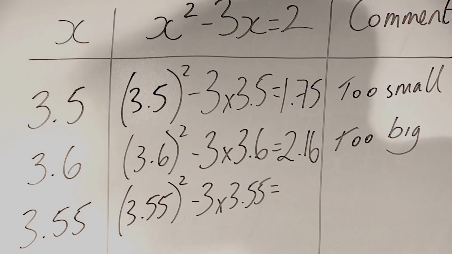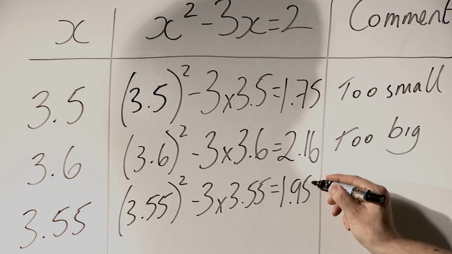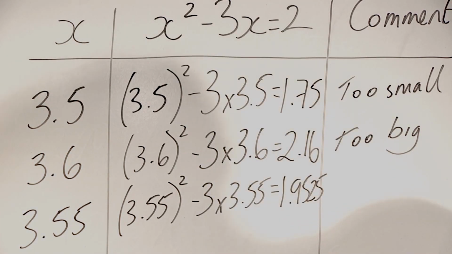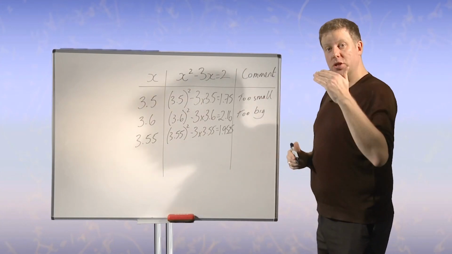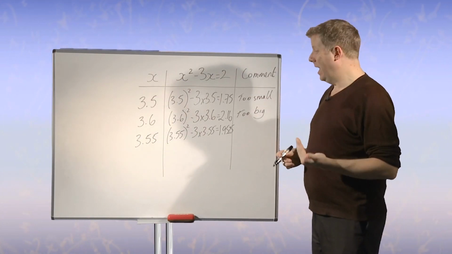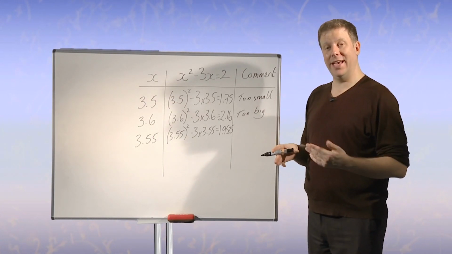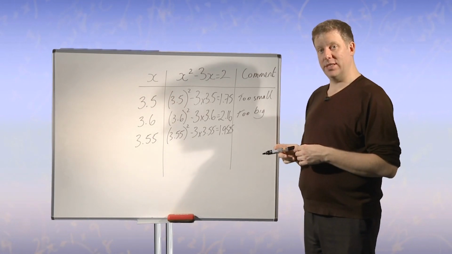When you do that on your calculator, you should see it gives you an answer of 1.9525. Now that is still smaller than 2, but what it does show us, therefore, is that our number is not nearer to 3.5. It is in fact nearer to 3.6.